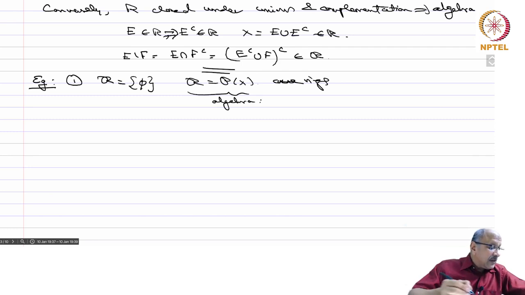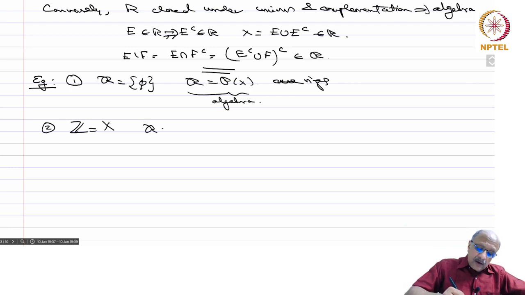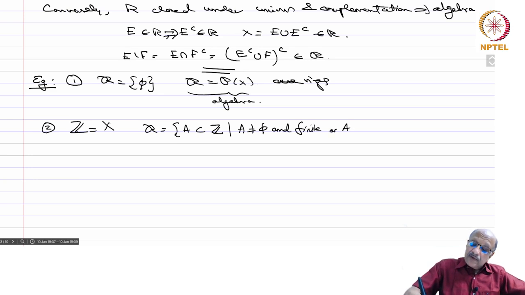So these are the trivial examples. Second example, slightly non-trivial. Z equals X, the set of all integers, and you take R to be the set of all A contained in Z such that A is non-empty and finite, or A is empty.